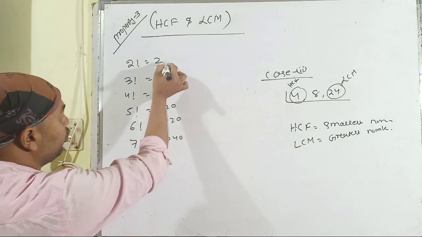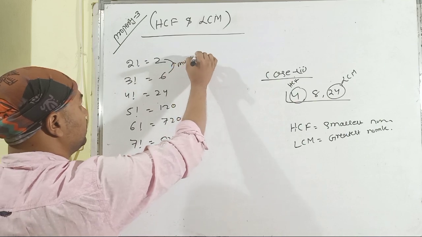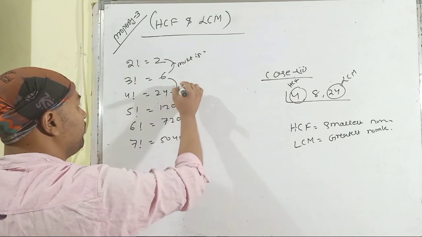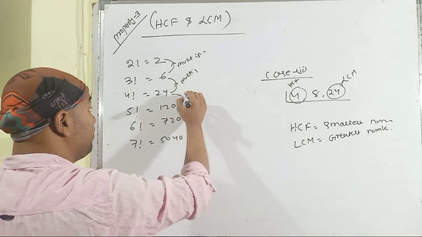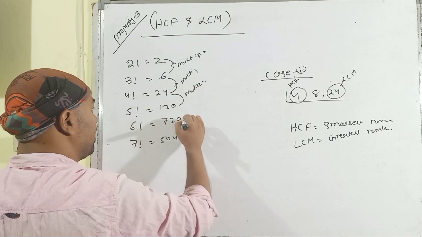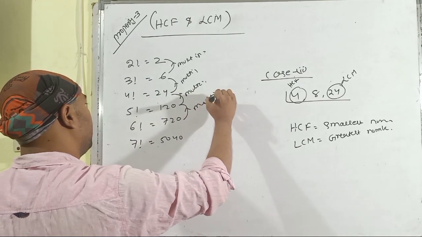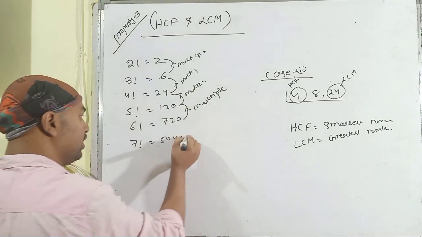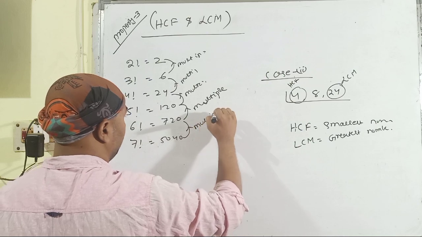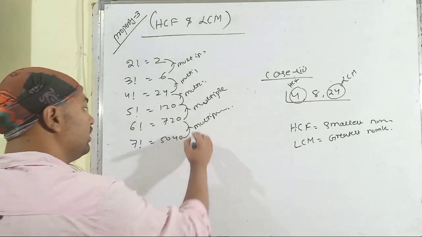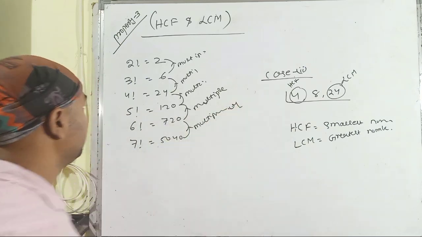You can say that 6 is a multiple of 2, 24 is a multiple of 6, 120 is a 5 multiple of 24. Similarly, 720 is a 6 multiple of 120, and 5040 is a 7 multiple of 720.